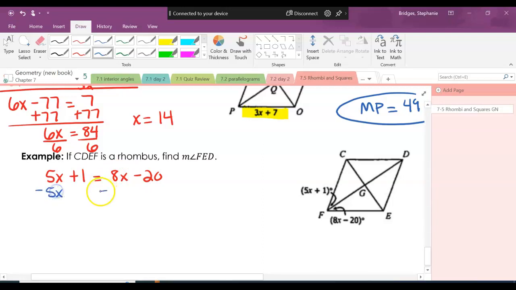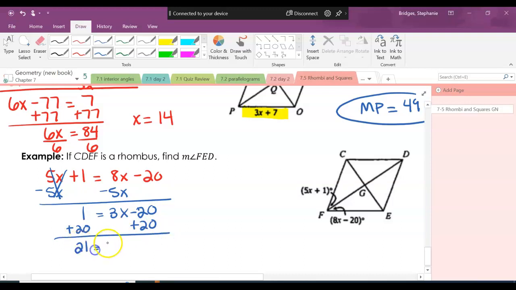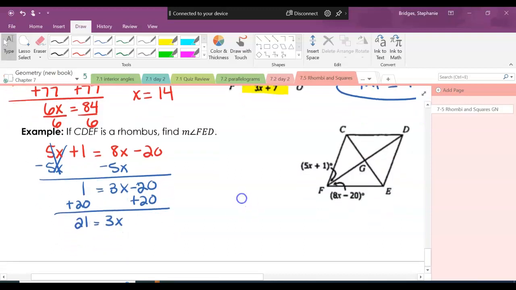I'm going to take my smaller x and subtract it over to my larger x. 8 minus 5 is 3. Then I can add my 20 over. If I get 21 equals 3x, I can divide that by 3, and that gives me x equals 7.